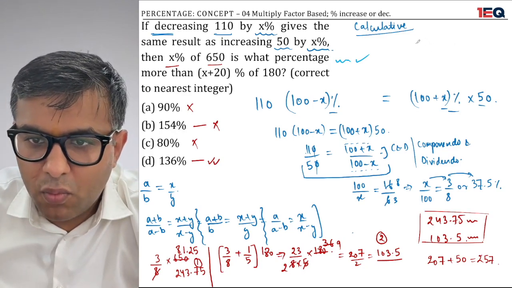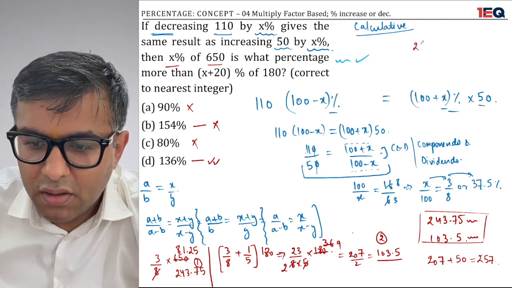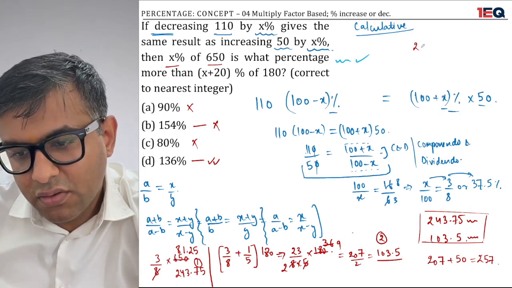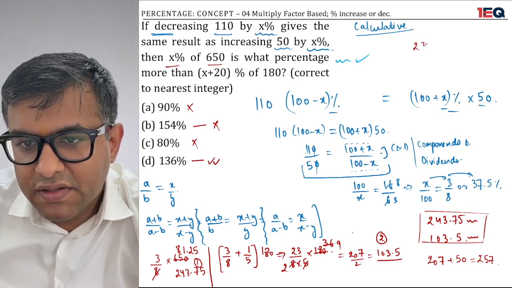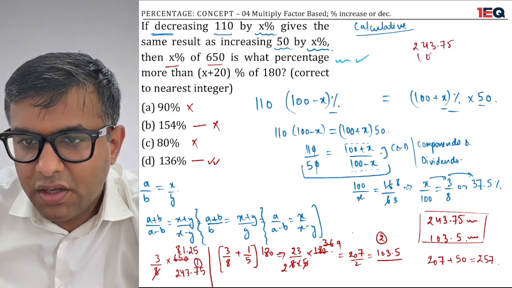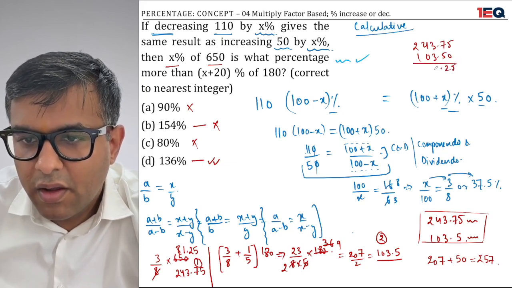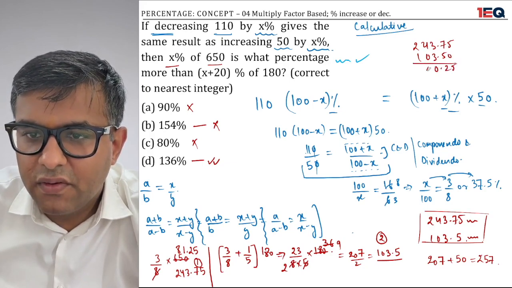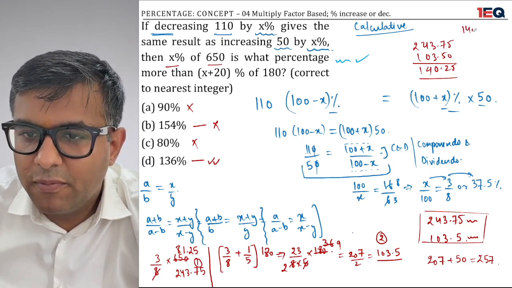I have to check what is 243 of 103.5. I will first subtract 103.5 in this equation, and I have 0.25, then 0, then 4, then 1. So I'm sitting at 140.